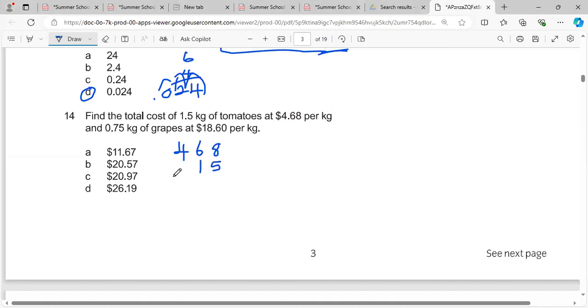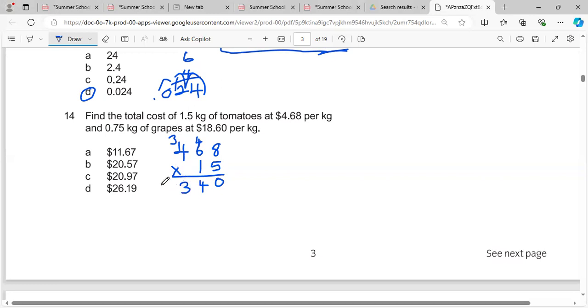That's one thing you have to be able to do, guys. Especially for the performance task, unit cost, you have to know how to calculate. 5 times 8, 40. 5 times 6, 30 plus 4, 34. 5 times 4 is 20 plus 3, 23.